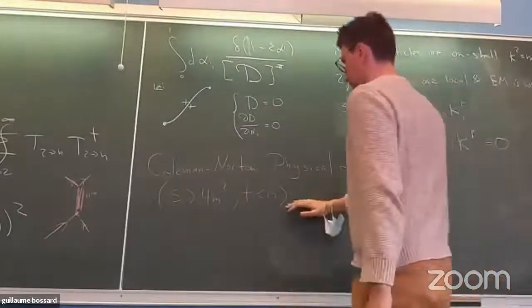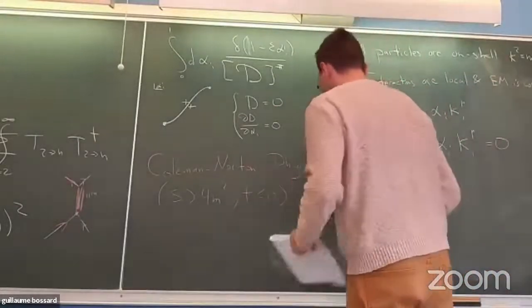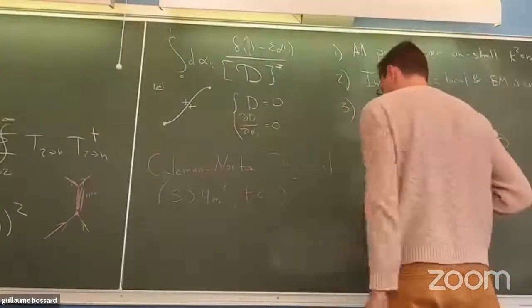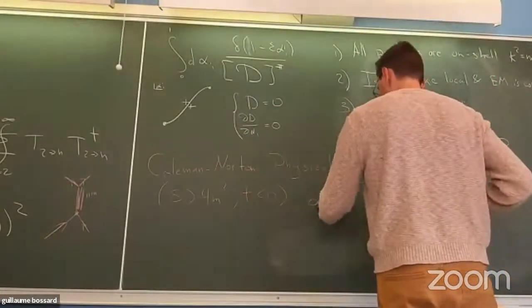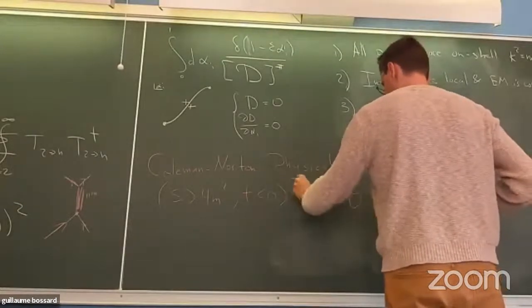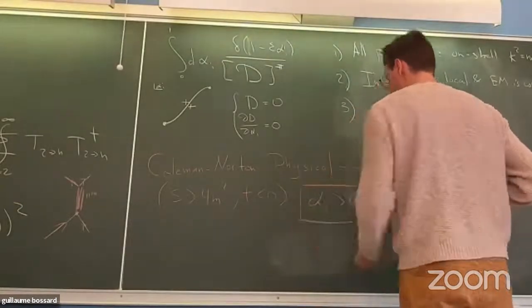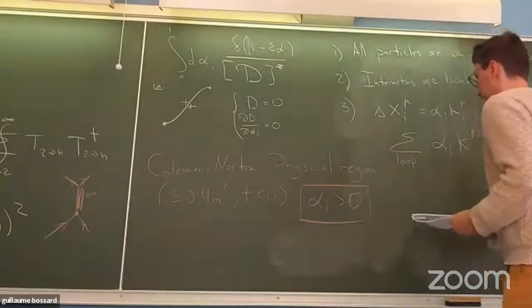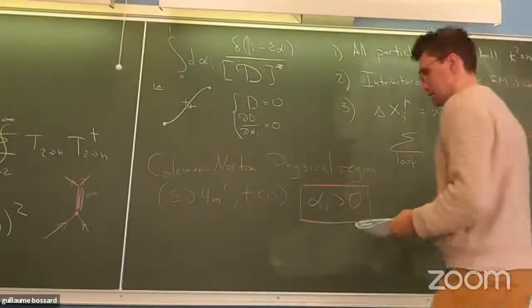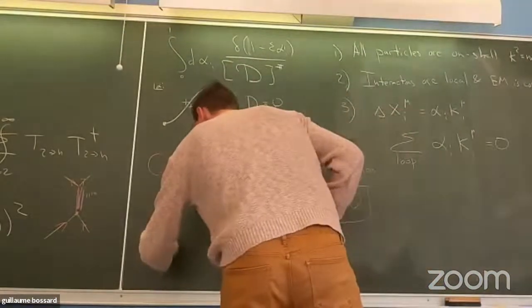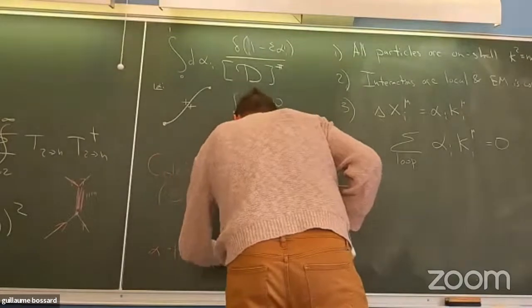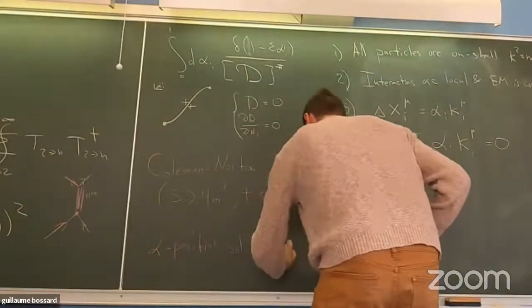Then this is a physical region, and Coleman-Norton proved that if you want to have a singularity in a physical region, say for a Feynman graph, then all the parameters have to be positive, and sometimes positive and real. These are sometimes called alpha positive solutions to Landau equations.